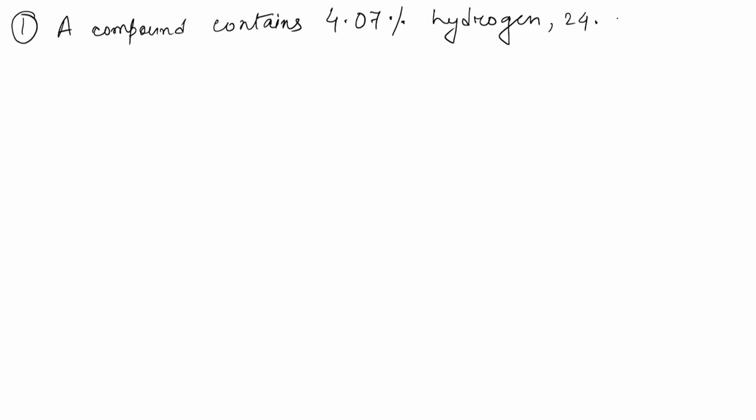So the question is, a compound contains 4.07% hydrogen, 24.27% carbon, and 71.65% chlorine.